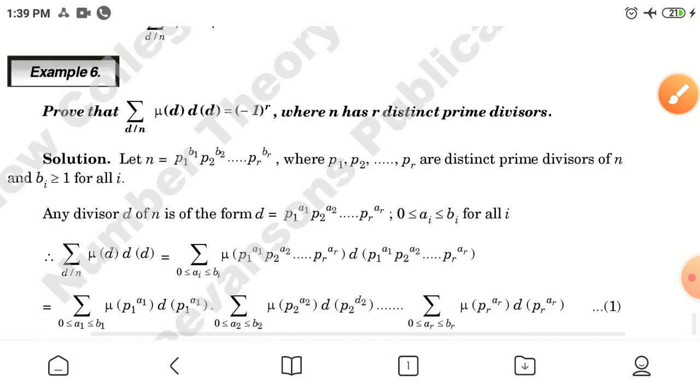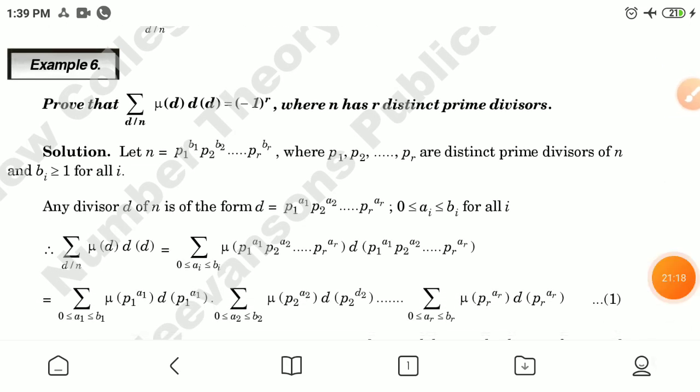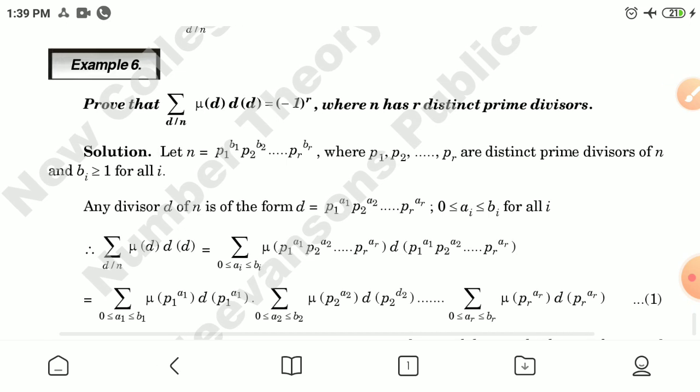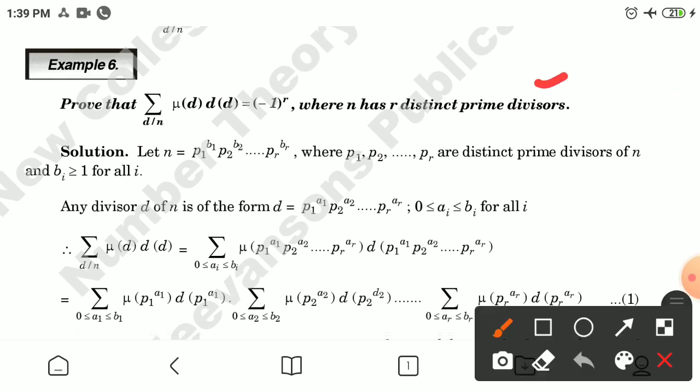Now the next problem is: prove that the summation of μ(d) over d, when d divides n, is equal to -1 raised to power r, where n has r distinct prime divisors.